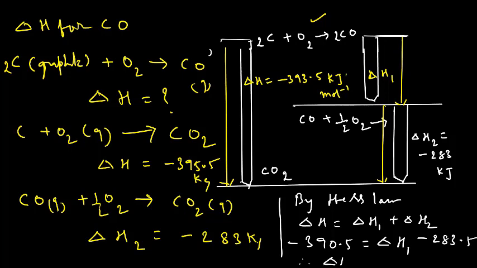Therefore, delta H1 is equal to minus 107 kilojoule. Thus, the enthalpy change for the reaction, that is C plus O2 gives carbon monoxide, is found as minus 107.0 kilojoule.